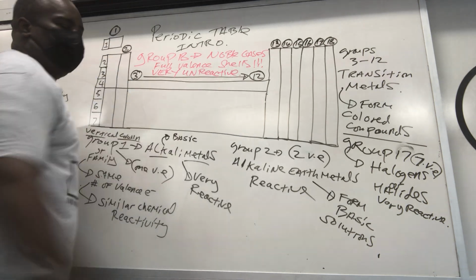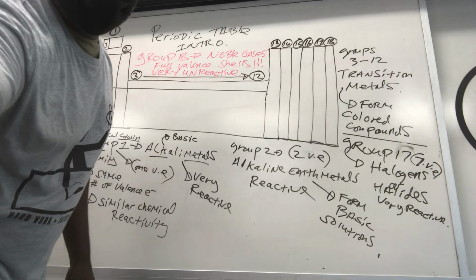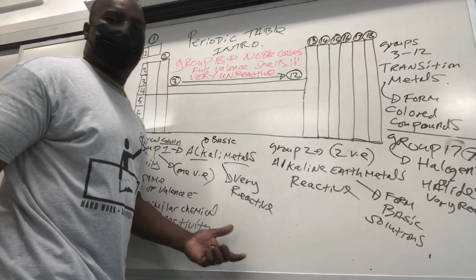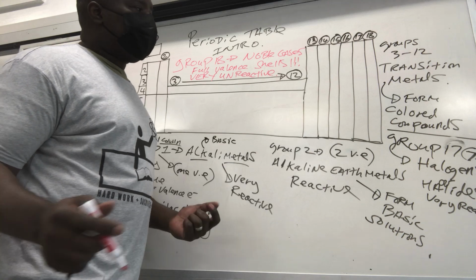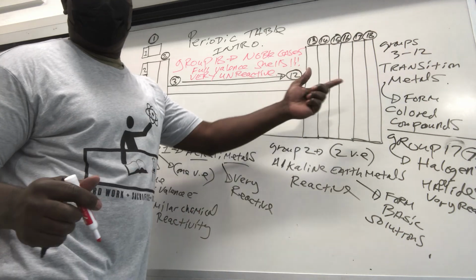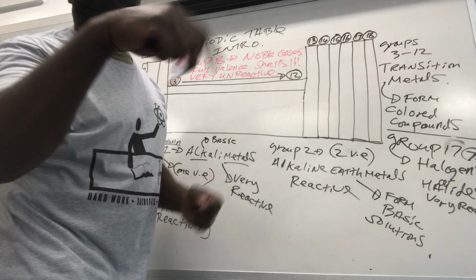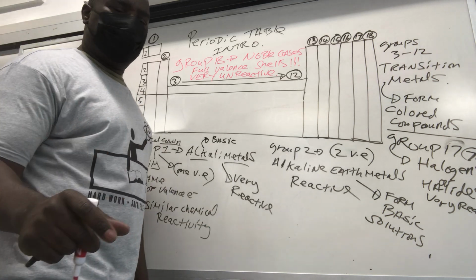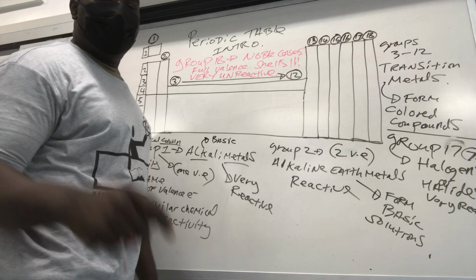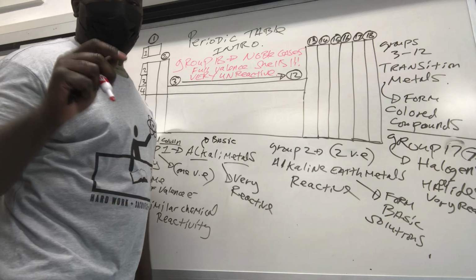I think of it as they've reached a place of peace. They're happy, very stable and very unreactive. Maybe one or two have an oxidation number and some very limited reactivity, but for the most part, noble gases are very unreactive.